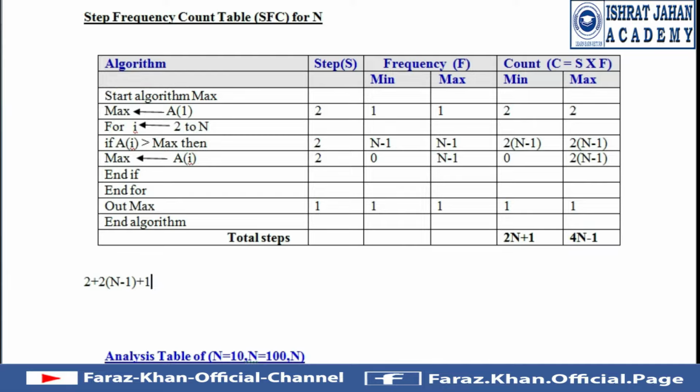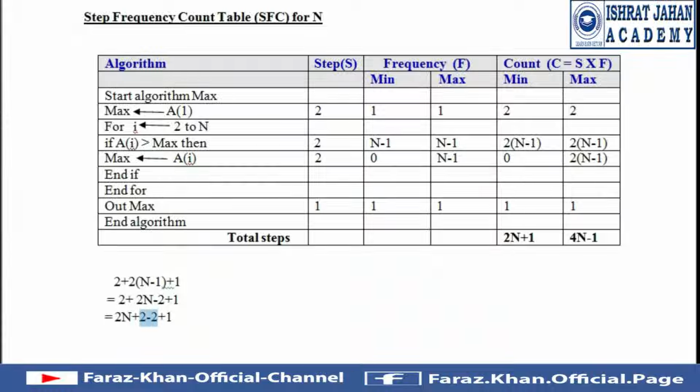So when I solve it, it will become 2 plus 2n plus 2 minus 2 plus 1.